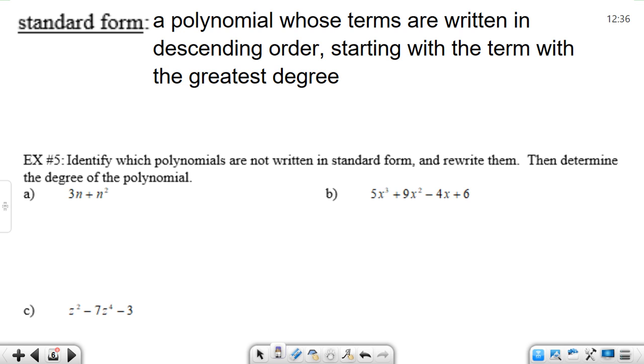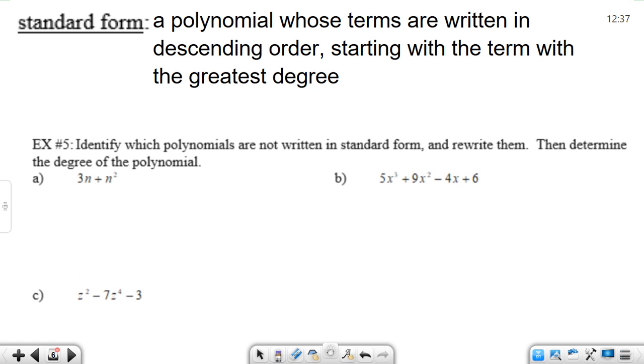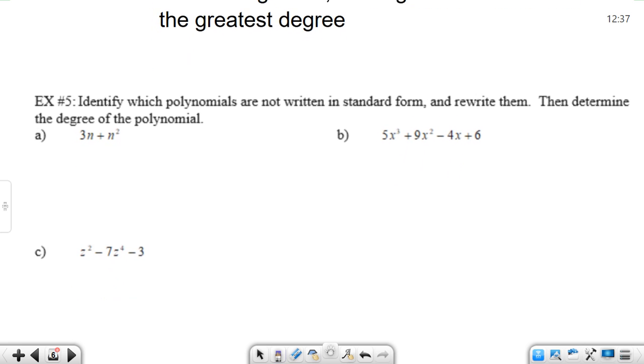I'm always going to ask you guys to try and write polynomials in what we call this standard form. That's mostly how you'll see them written and how I want you to write them. We want to write them from highest power to lowest power. So let's take a look at what that looks like. So if we go down here to example 5.